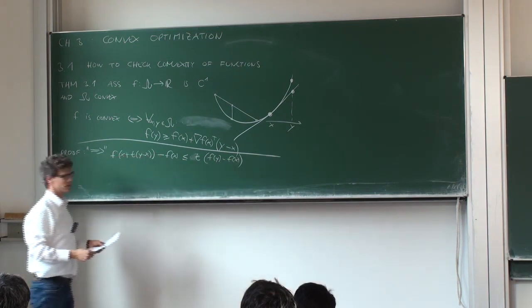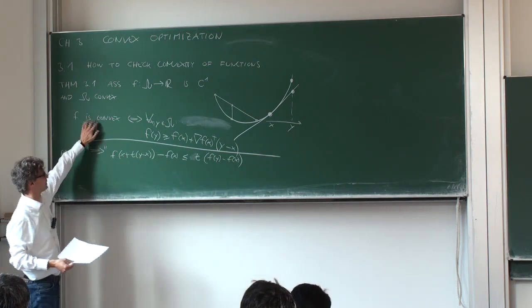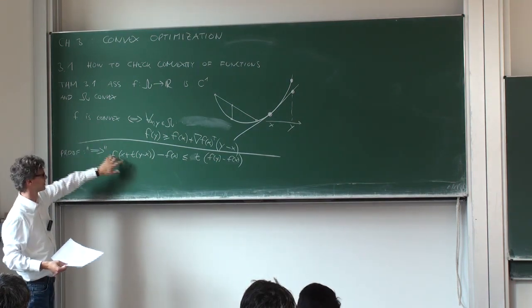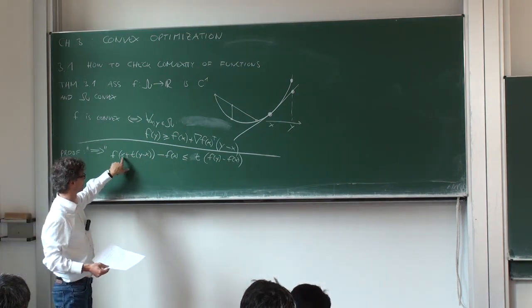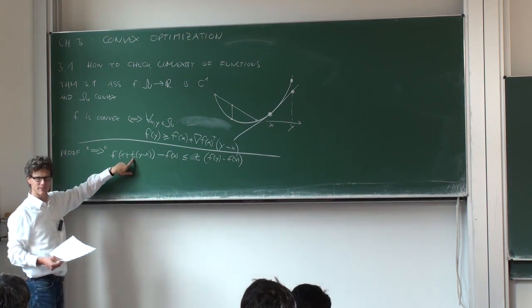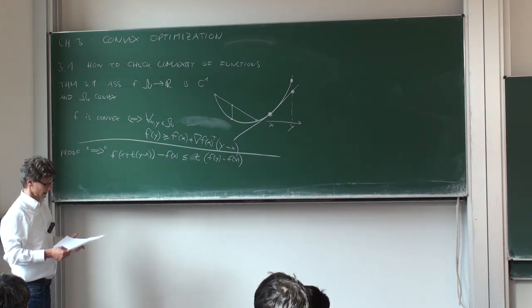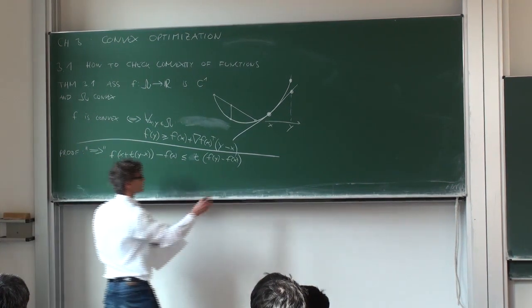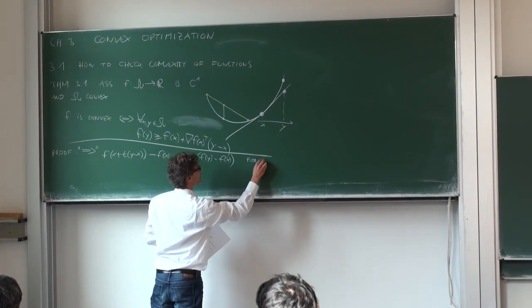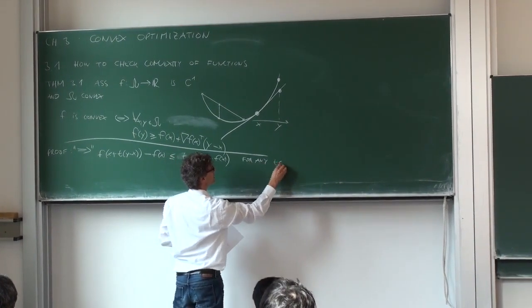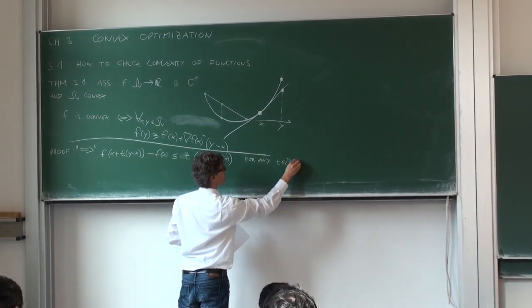So this was the convexity inequality that we can assume. That was our definition of convexity. This should hold for every x and y and every t which is in the interval from 0 to 1. So for any t in 0 and 1.